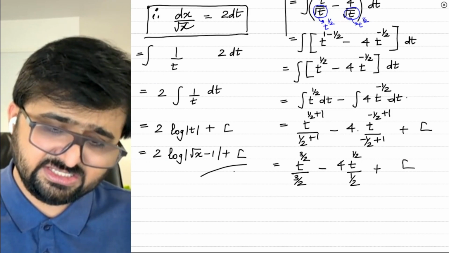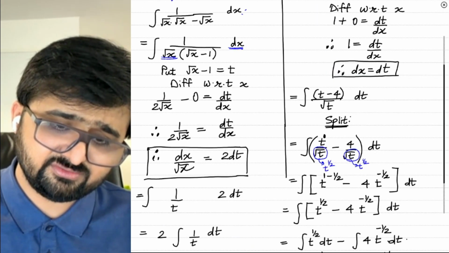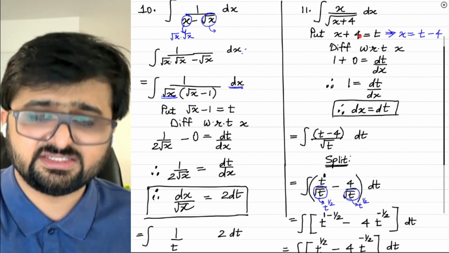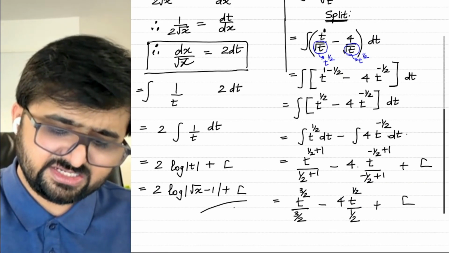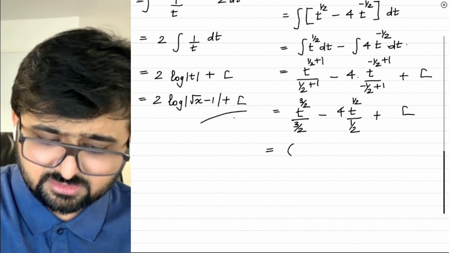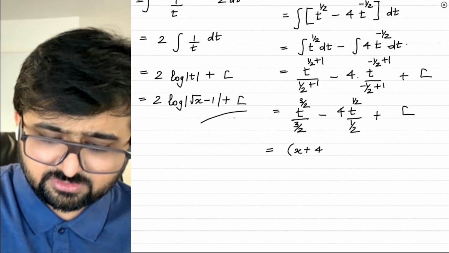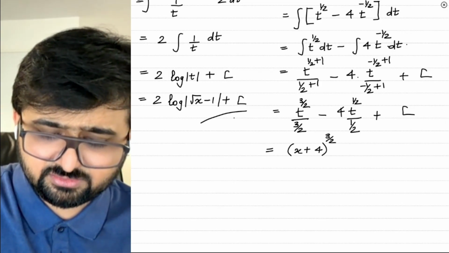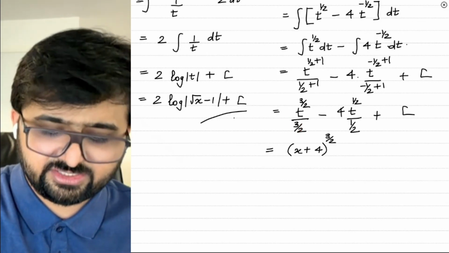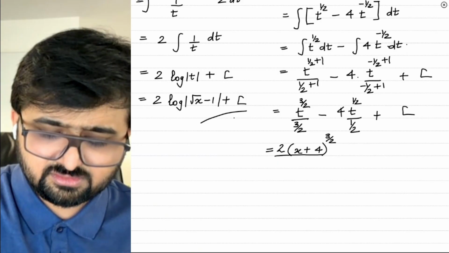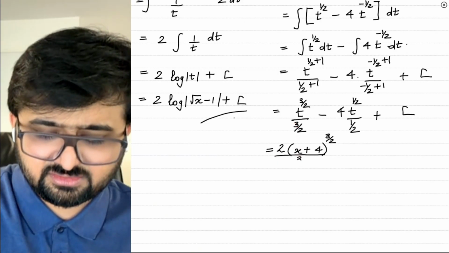We need to convert it again in terms of x. If you remember, t was nothing but x plus 4. So we can make that resubstitution. So x plus 4 to the power 3 by 2, and this 2 is in the denominator. Denominator can go in the numerator, and divide by 3.